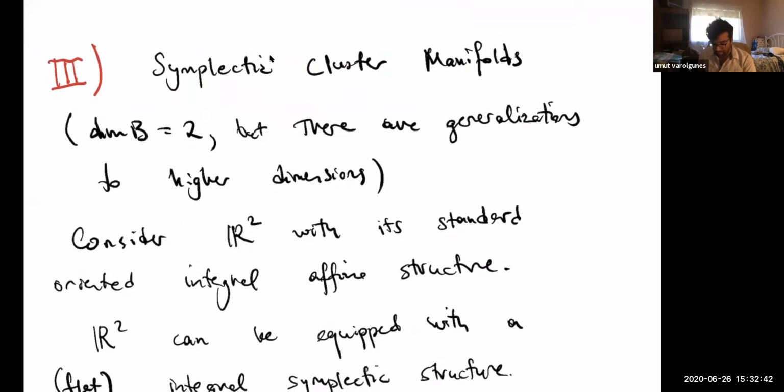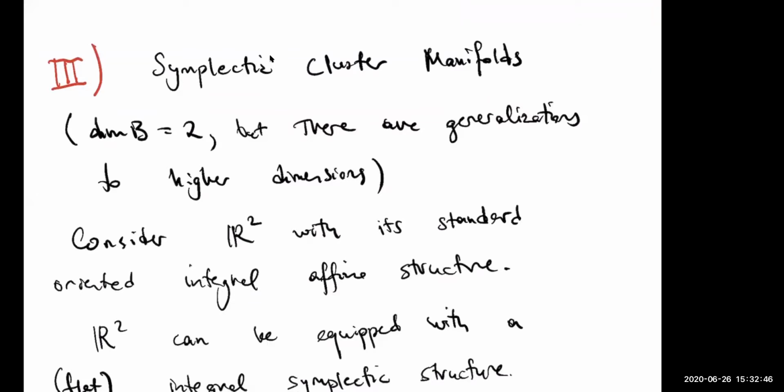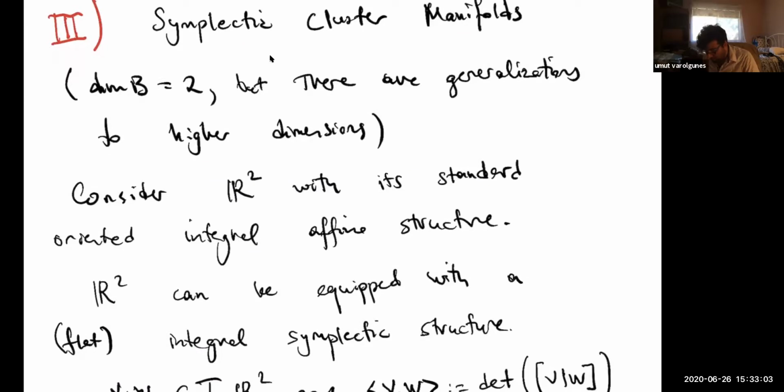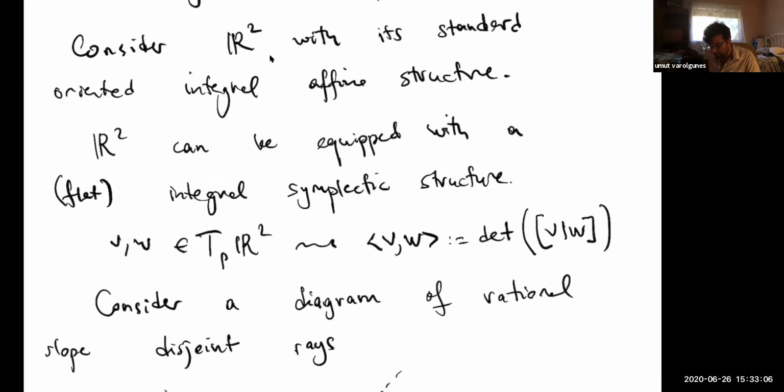Okay, so now what do I mean by symplectic cluster manifolds? This is not a standard name. I'm only going to talk about the dimension 2 case, but I think there are ways to generalize this type of story to higher dimensions. So the data that I want to start with is R2 with its standard oriented integral affine structure.